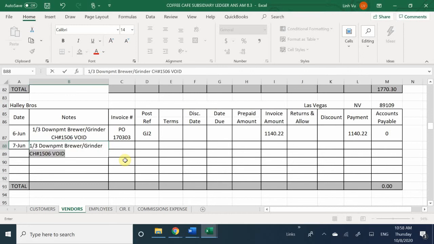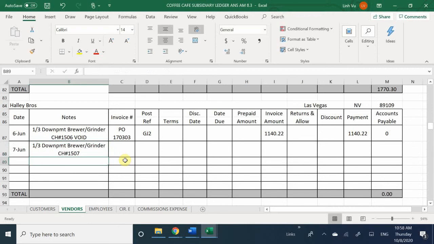All right. And this time it's going to be check number 1507, right? My invoice number is going to be for the PO 170303R, because we made a revision to it.